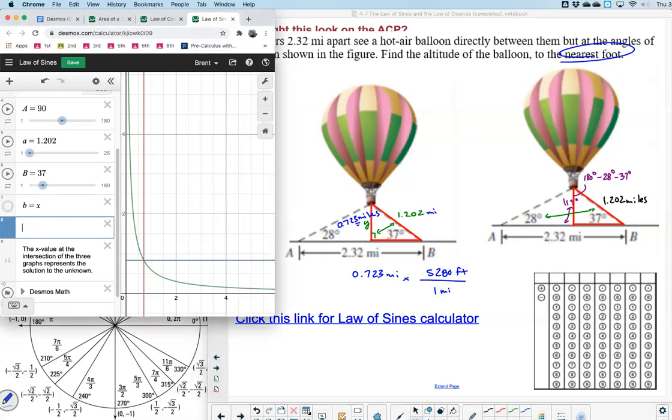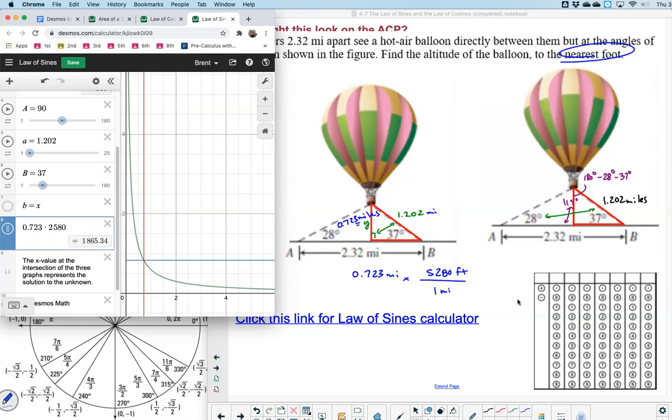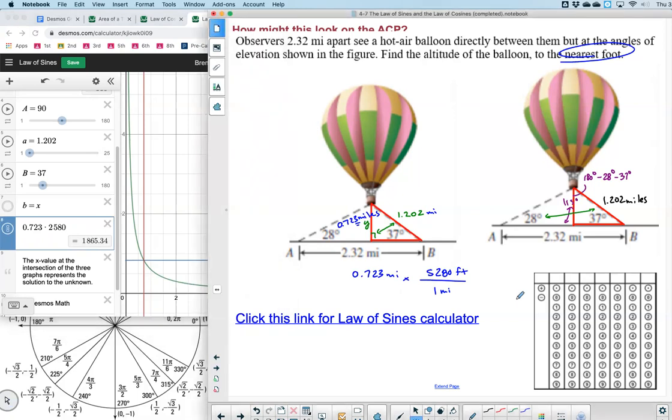To the nearest foot, 0.723 times 5280. I'm getting 1,865 feet. That would be our solution there.